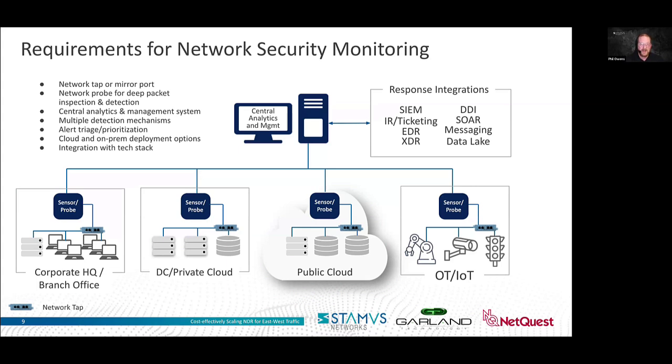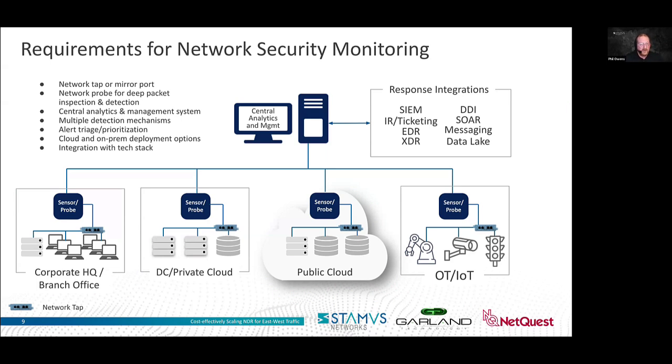Flow records get you some data, but being able to do full deep packet inspection will get you information around that flow data, information of the body of decrypted sessions, as well as other items that you wouldn't just see in flow records only. Sending this information up to a central analytics and management solution, and being able to manage all of those probes or sensors across the network, is very important from a requirement perspective.